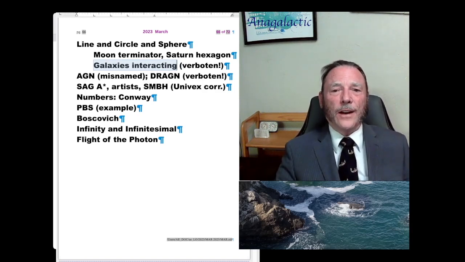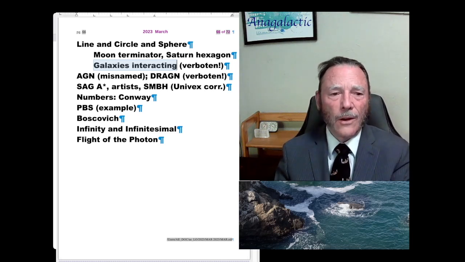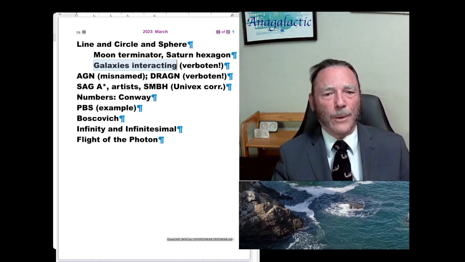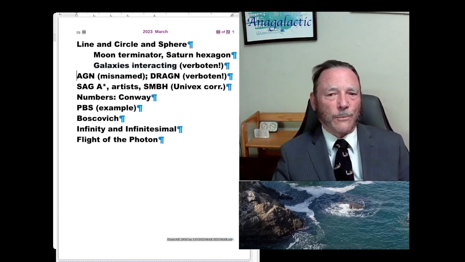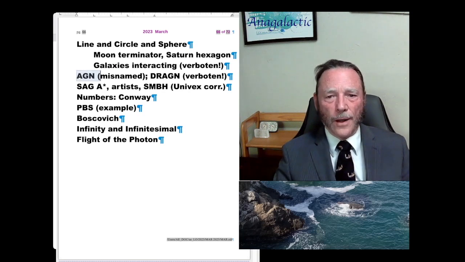somebody's withholding that information from the internet. I don't know if it's Google or just nobody knows or nobody remembers that there's such a thing. There should be thousands of pictures of these interacting galaxies all over the internet. There are none. So I'm going to show you one. Virtually none.